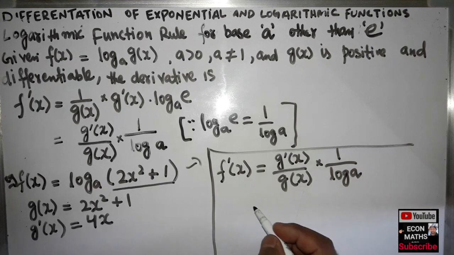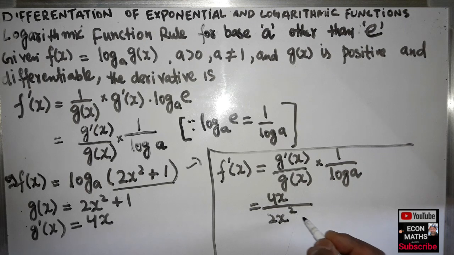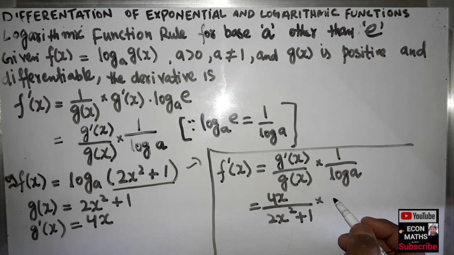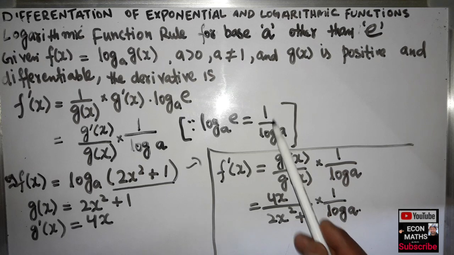So I will put the values here. g dash x is 4x, over g of x which is 2x square plus 1, times 1 over log of a. So this was the logarithm function rule for base a other than e. Now we have to remember here that log of e with base a is equal to 1 over log a, and the rest is very simple.